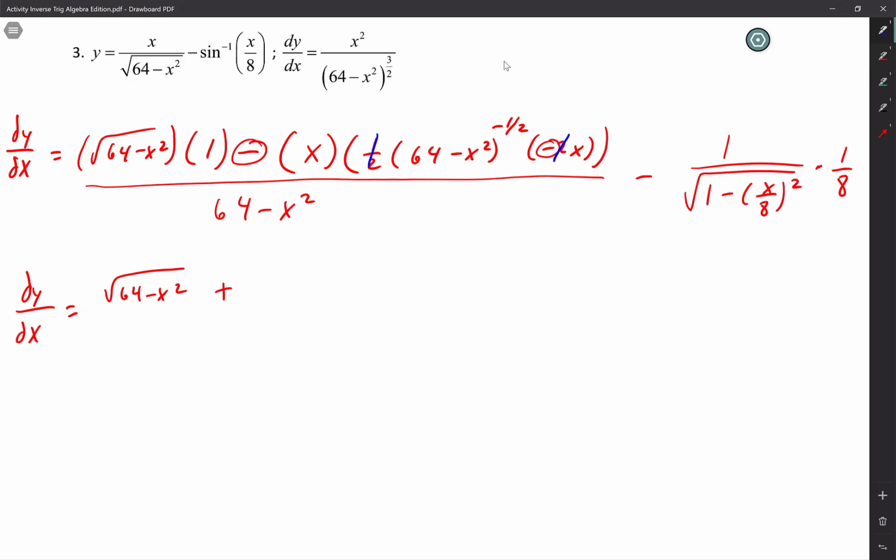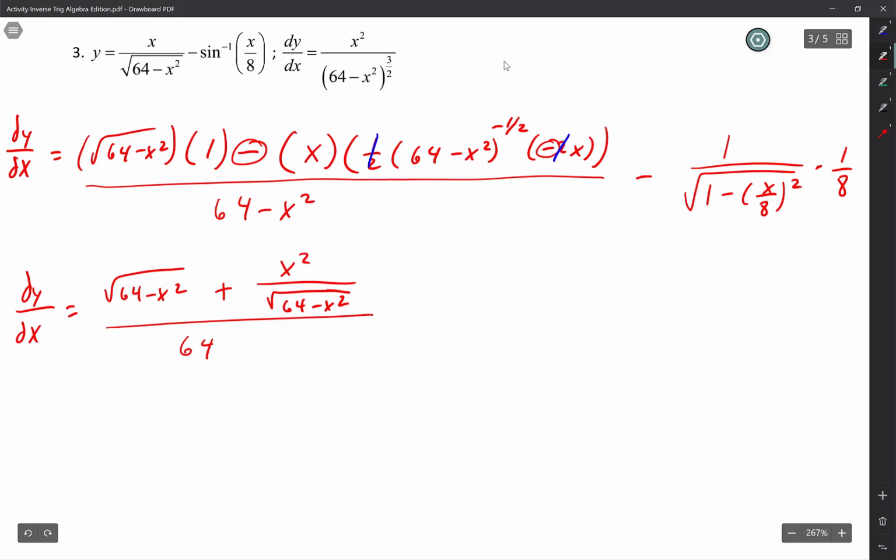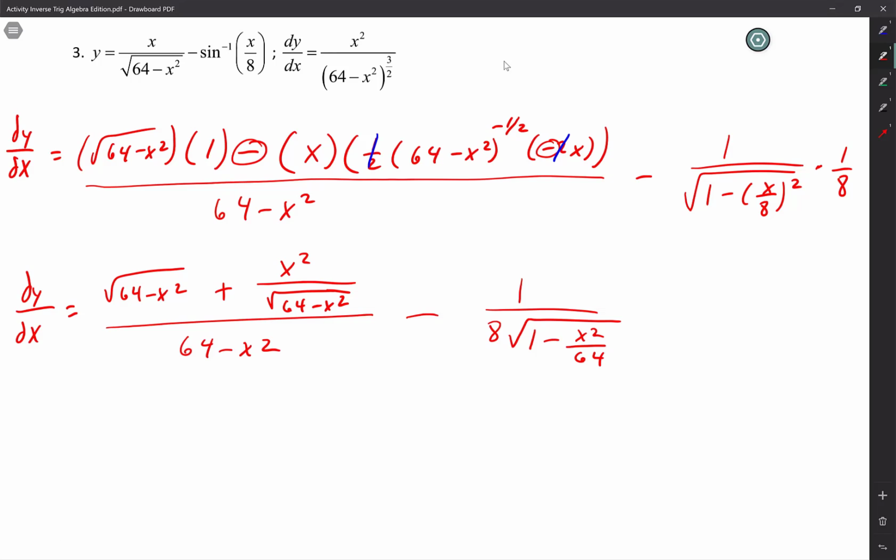So what do I see? x squared over the square root of 64 minus x squared. All this is still over 64 minus x squared. And let's see if I can do this one here: 1 over 8 square root. I'll do it in 2 steps: 1 minus x squared over 64. So get up to there.